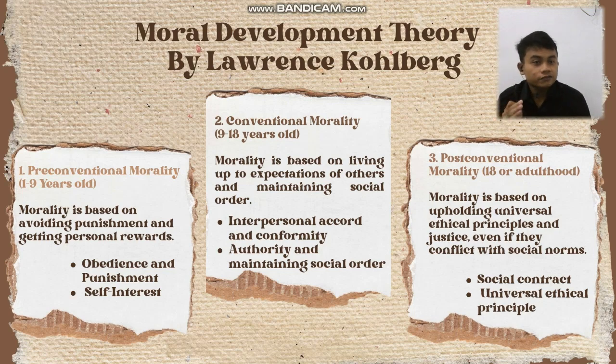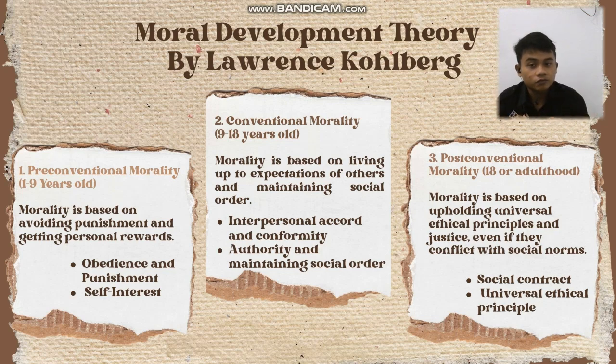And also self-interest. When you are 8 or 9 years old, we have a certain self-interest about something you want to learn, or something you want to buy, or something you want to do or play. And that is pre-conventional morality based on that age specifically.